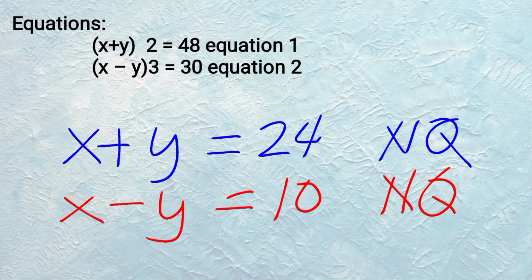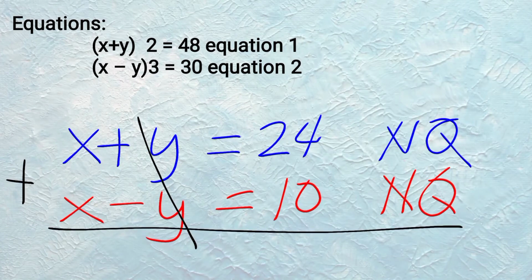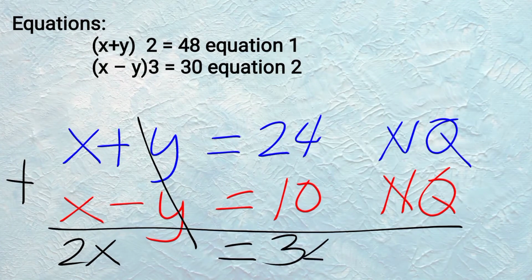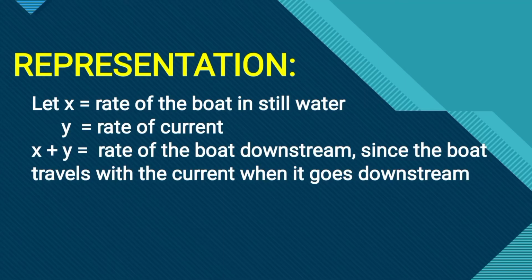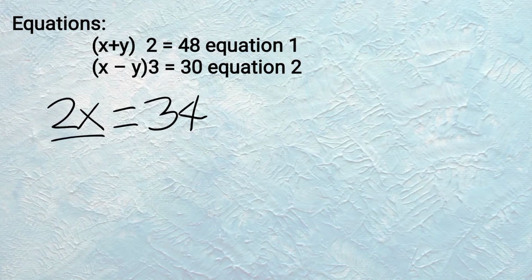So we eliminate variable y, then proceed to addition. x plus x is 2x, and 24 plus 10 is 34. So 2x is equal to 34. Dividing both sides by 2, x is equal to 17.